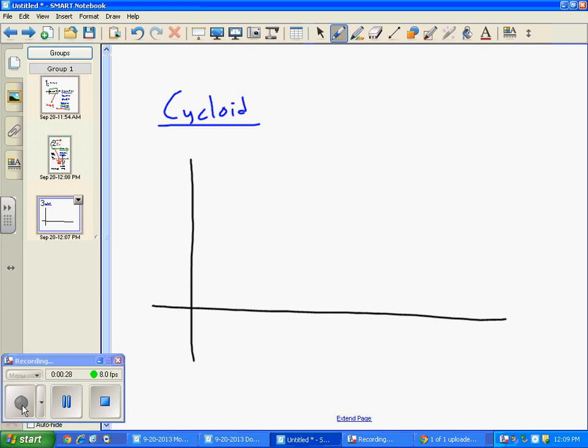Okay, so we're going to draw an axis here, okay? So we can pretend this thing is rolling along the x-axis. And what we're going to do is we're going to start with a circle right here. Okay? And this is going to be our point of interest right there. This is going to be the point that corresponds to t equals 0. Okay?